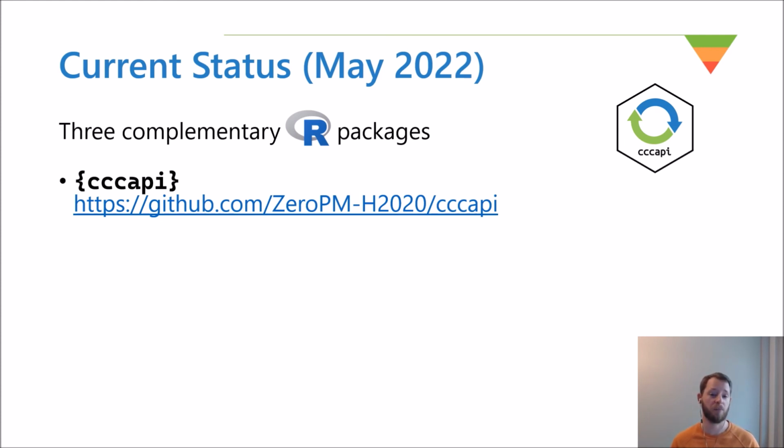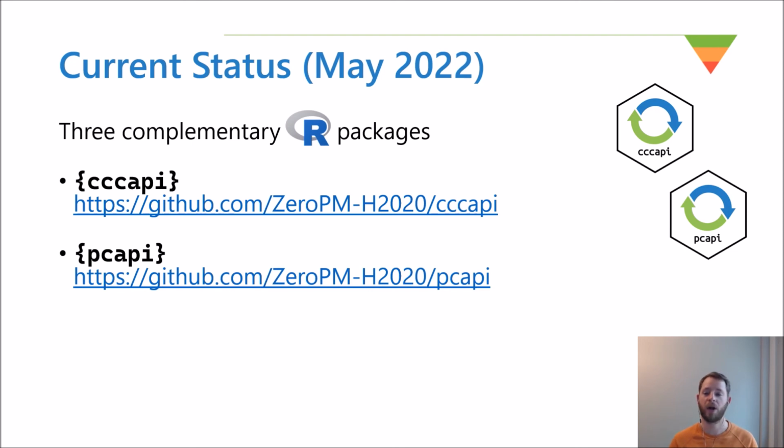For example, in this case, for the CAS Common Chemistry service, so we can, in a very dynamic way, search for example chemical names and get an identifier back. Like I said, we have a package developed for this as well. It's called CCC API, and it's available from the ZeroPM GitHub, of course.